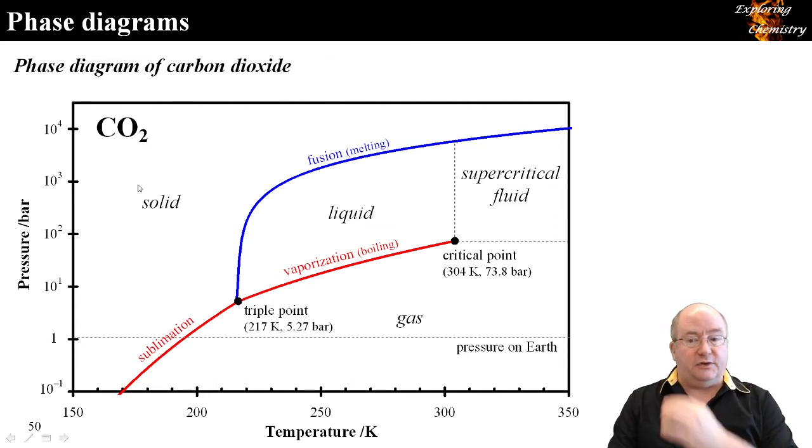And it tells you the conditions, the temperature and pressure, at which each state is stable. Each of the lines, sublimation, vaporization, and fusion, reference an equilibrium between solid and gas for sublimation, liquid and gas for vaporization, and solid and liquid for fusion.